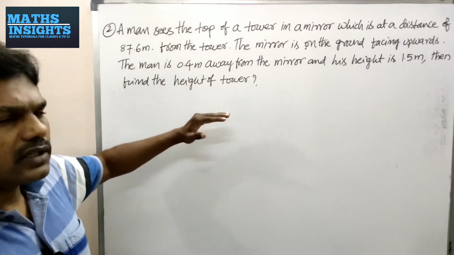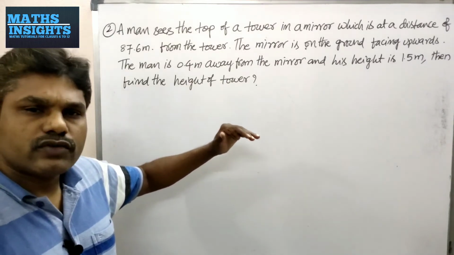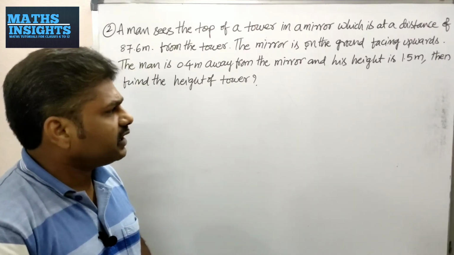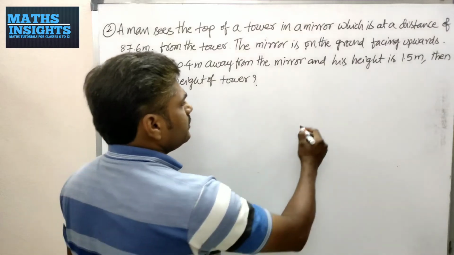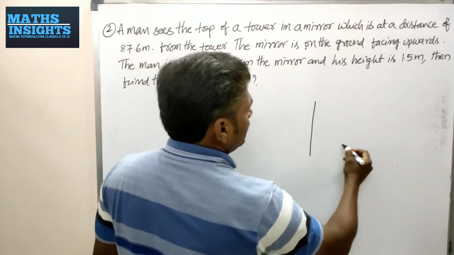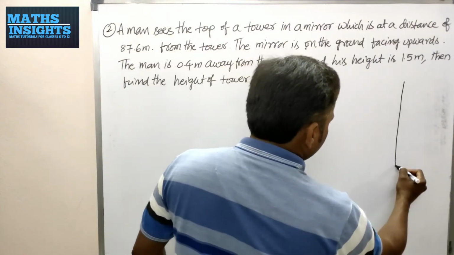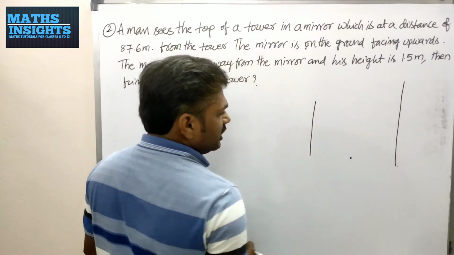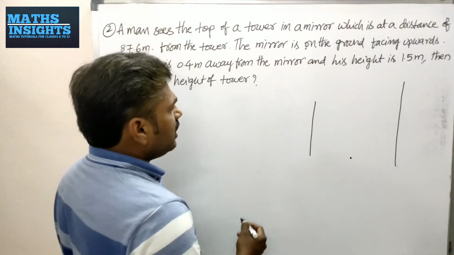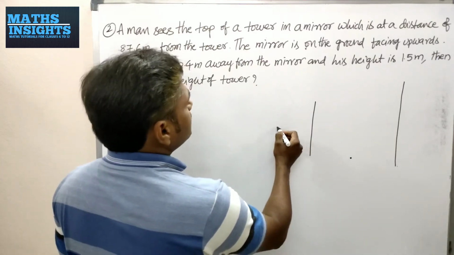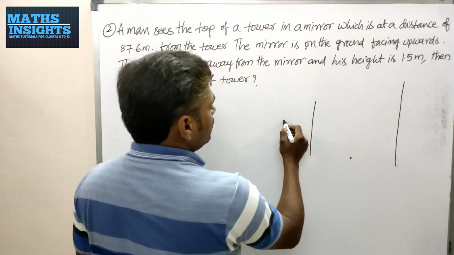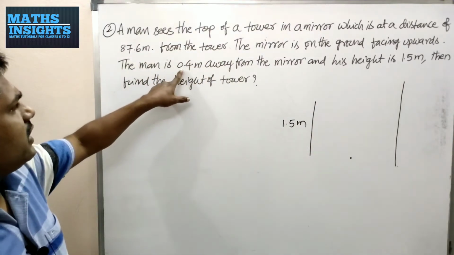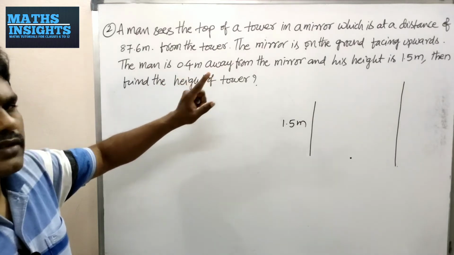Very simple. This is also solved using the concept of similarity of two triangles. I am starting by taking the height of the person. Say the person is here, and the tower is here, and the mirror is in between them somewhere. His height is 1.5 meters and he is 0.4 meters away from the mirror.